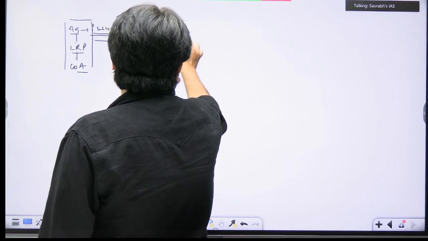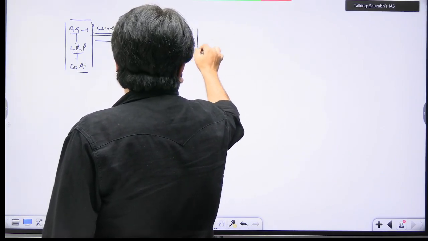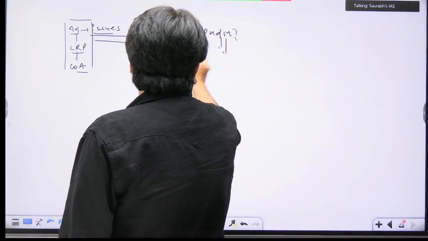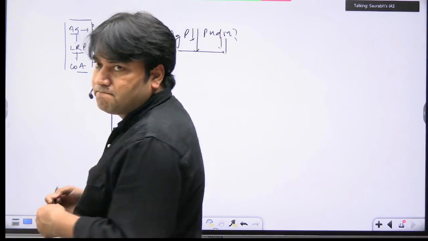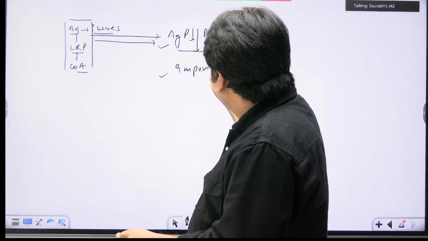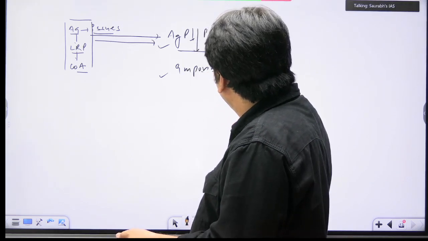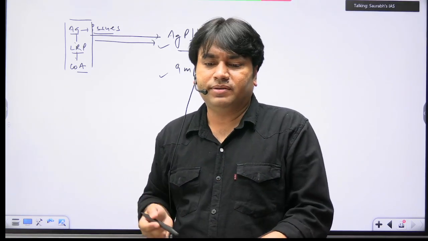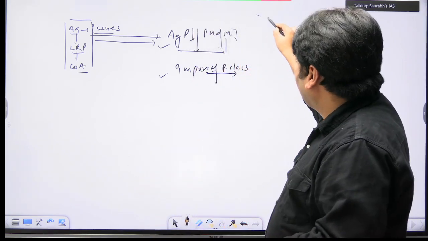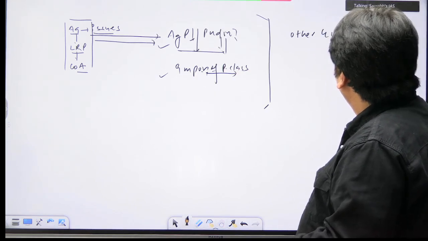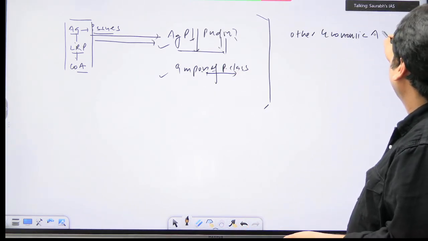Agriculture production is declining, agriculture productivity was also declining. Impoverishment of peasantry class, this was happening. Now what will happen? Now the other economic activities. Now let's discuss the other economic activity.